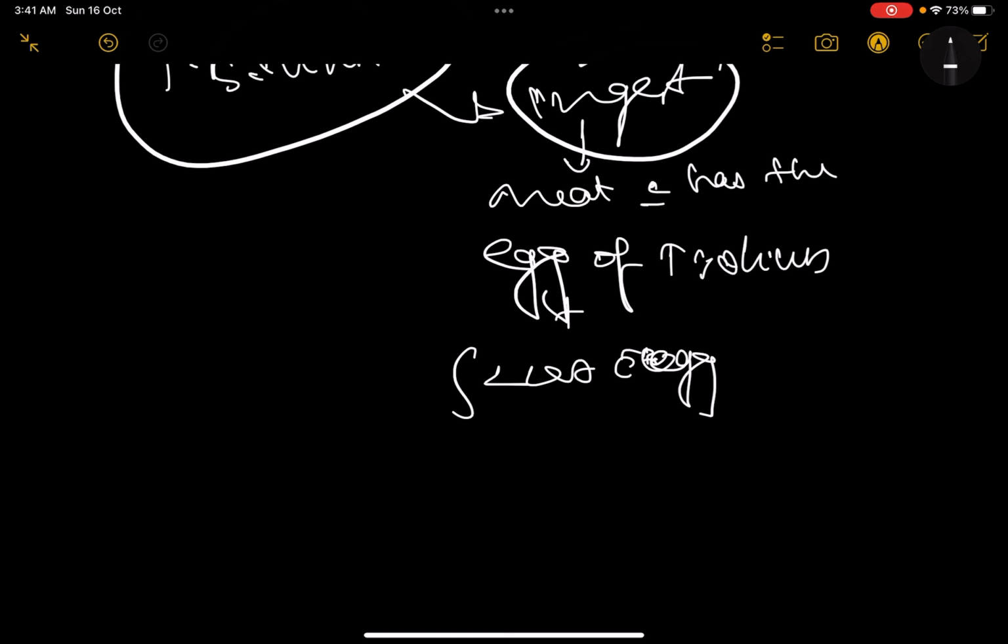So somehow man ingests eggs in feces, or he ingests meat with eggs of T solium, or food or water that's contaminated with eggs of T solium.